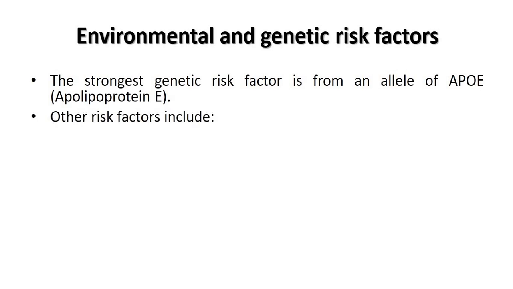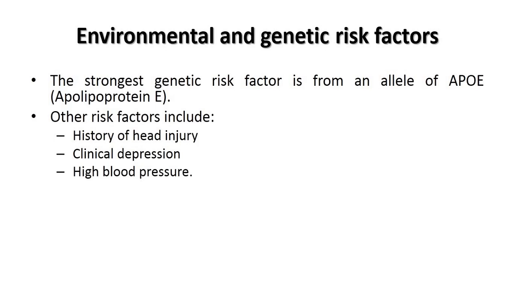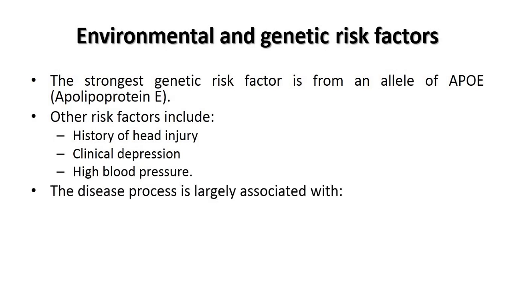There are other risk factors such as anyone having a history of head injury, someone having clinical signs of depression, patients already suffering from hypertension, systemic hypertension, high blood pressure. The disease can also be associated with some other features, the most common being amyloid plaques, neurofibrillary tangles, and loss of neuronal connections in the brain.